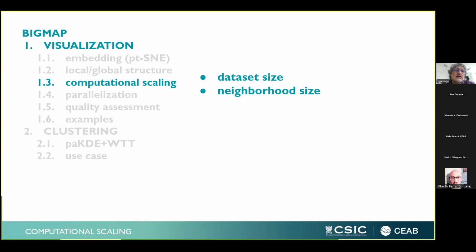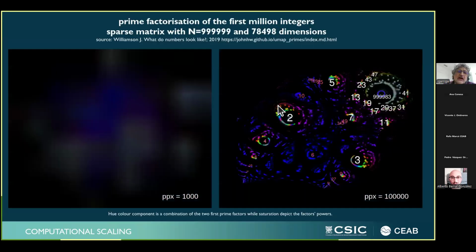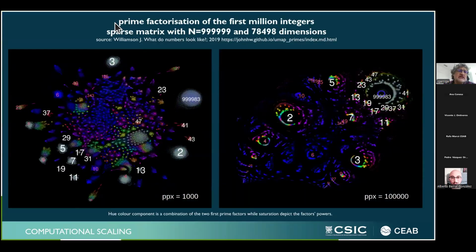That means that the embedding algorithms need this ability of computational scaling, not only for the dataset size, but also related to the neighborhood size. And here I'm showing you another example. This is a dataset representing the prime factorization of the first million integers.